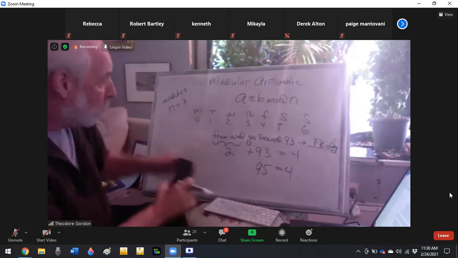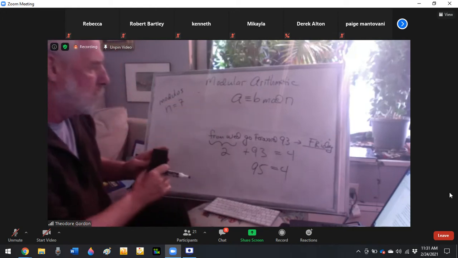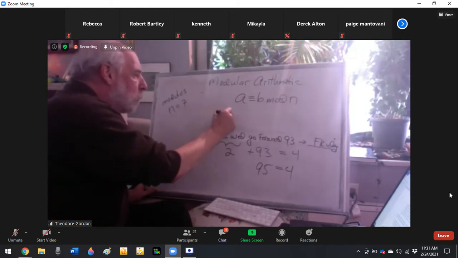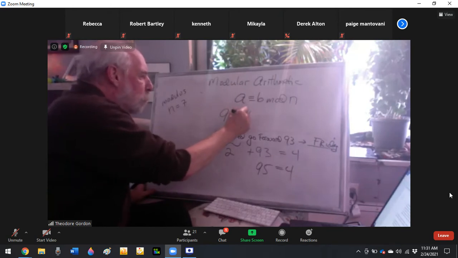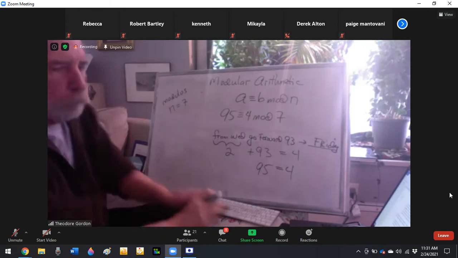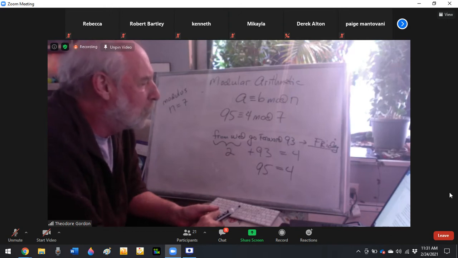So going back to this notation up here, we find that 95 is congruent to 4 mod 7. Wait a minute, let me just make sure I did that right here.